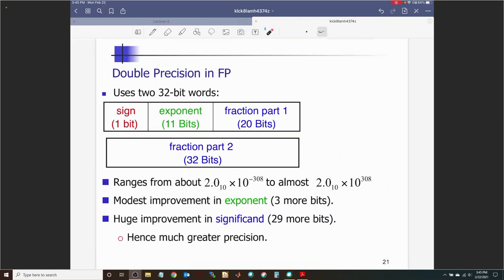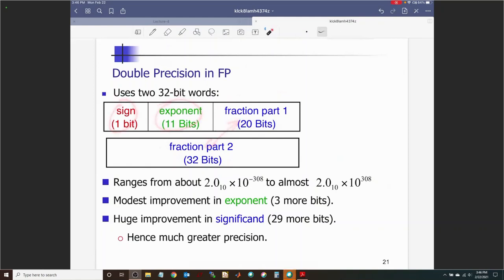Instead of using 8 bits for exponent, now we are using 11 bits for exponent. And instead of using 23 bits for fraction, we are using 20 bits of fraction from the first word and 32 bits of fraction from the second word, resulting in 52 bits for the fraction field. So 1, 11, and 52.